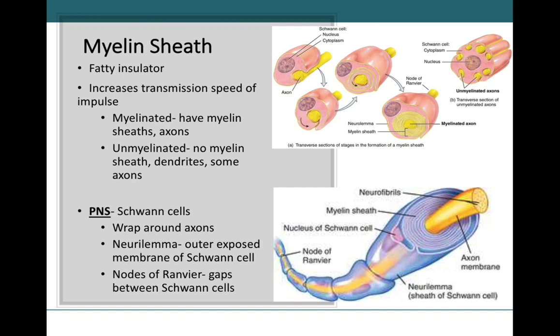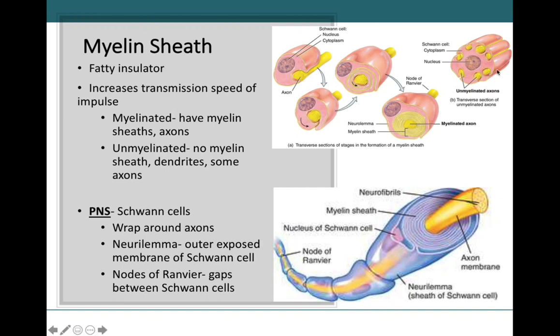Now the myelin sheath, as I also mentioned before, increases the transmission speed of our action potential that was fired down the axon. That's the purpose of the myelin sheath. That's its main function, to increase the transmission speed of an action potential down a neuron's axon. Now we can have axons that are unmyelinated. However, we're not really going to discuss them that much in this class.